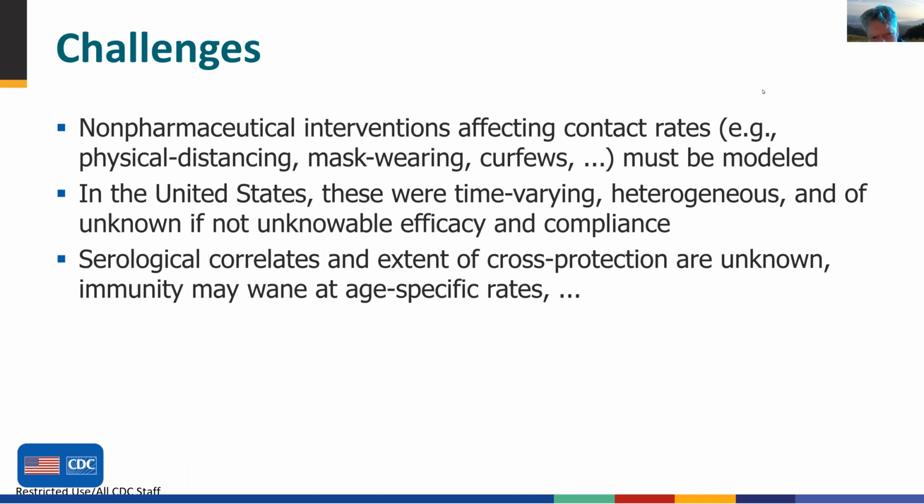And in the United States, these were time-varying, heterogeneous, and have unknown, if not unknowable, efficacy and compliance. Serological correlates and the extent of cross protection are unknown, immunity may wane at age-specific rates, and so on. And very few transmission models have proven consistently reliable, attributable presumably to the difficulty of surmounting these challenges.